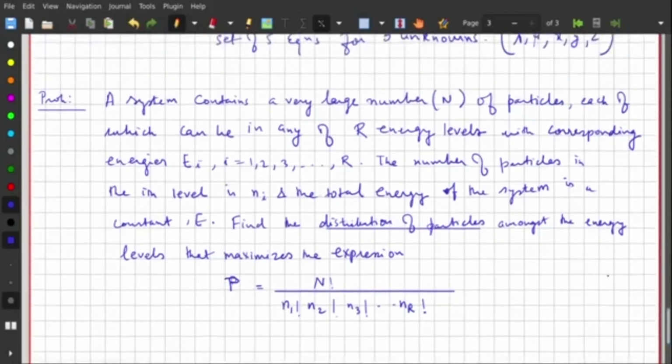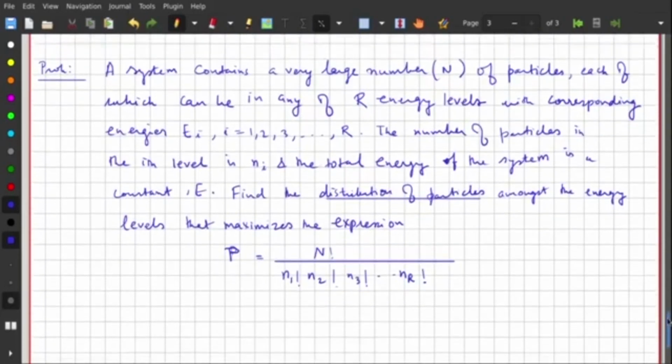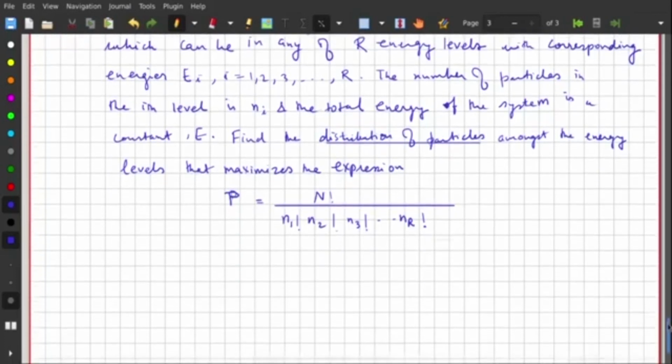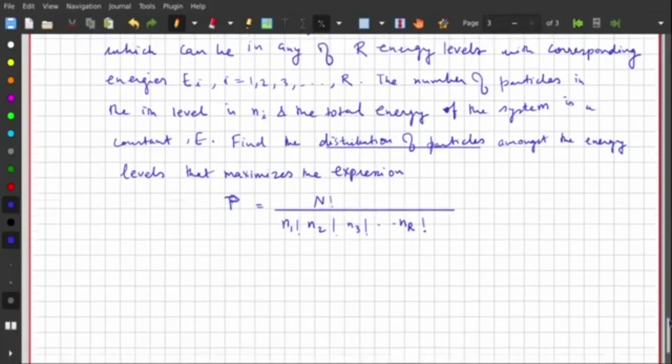What is P denoting? It is telling us the number of ways in which we can arrange n particles in R energy levels. So that's the expression for the total number of ways that we can do it. If you want to maximize this, that brings us to the idea of the most probable distribution that we will see in the parallel lecture videos.